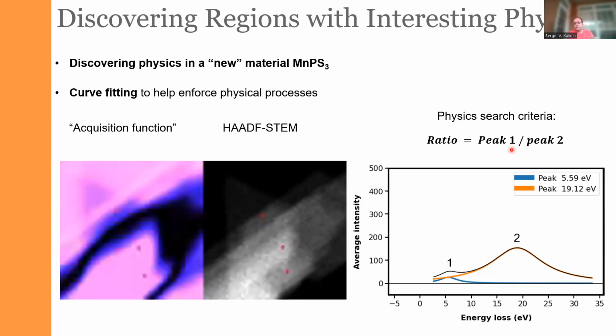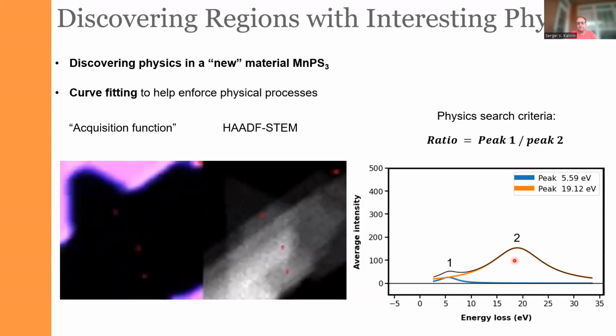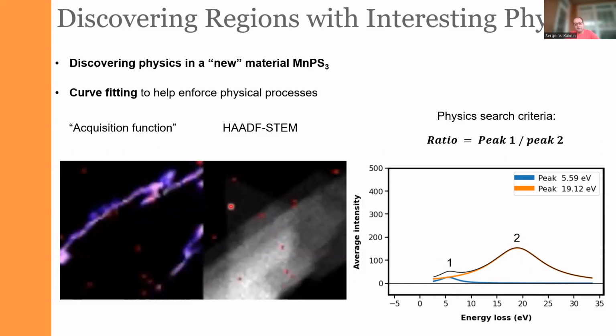In this case of this particular material, we are interested in the emergence of the surface plasmons. So with this in hand, we define our scalarizer as the ratio of the surface plasmon intensity to the bulk plasmon intensity. And with this, we create a scalarizer that we then provide to the ML algorithm and tell it, do your best. This is how it works.